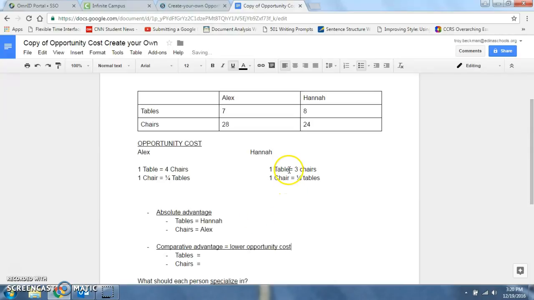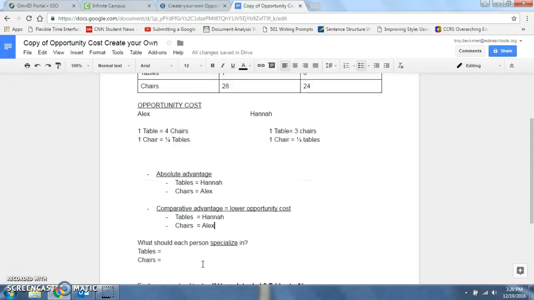In this case, for tables, it's Hannah. She has a comparative advantage in tables. Now, chairs, if we're looking at this, 1/4 is less than 1/3. So Alex has a lower opportunity cost and the comparative advantage in chairs, excuse me.